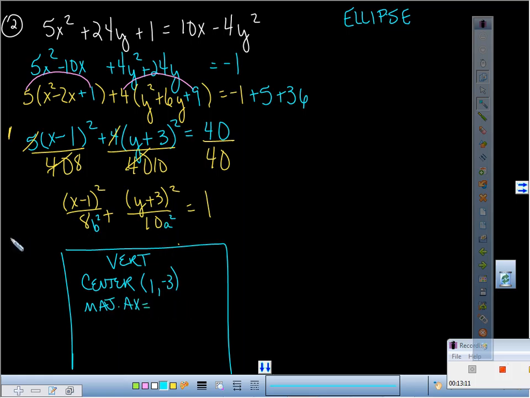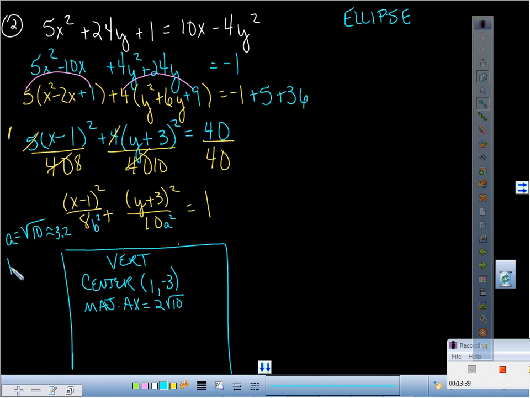So if a squared is 10, then a is the square root of 10. Do you agree? And twice that would be 2 square root of 10. Just because it'll make it nice to graph, I'm going to say that's approximately 3.2, because when I graph from the center, I'm going to go up 3.2 and down 3.2.